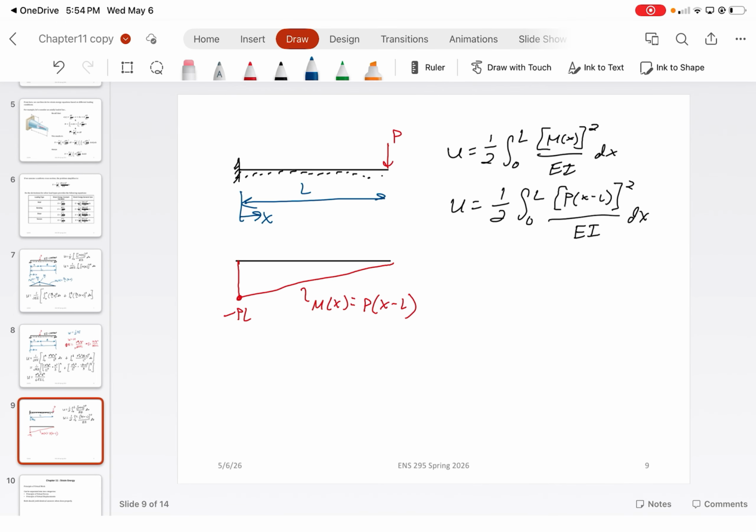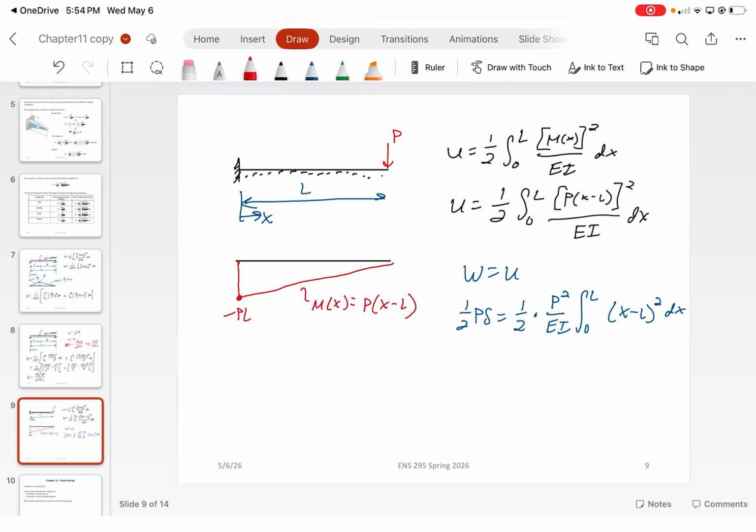Instead of having to calculate what the strain energy is, you can just enforce W equal to U already. So it just removes a step. And what we get is 1/2 P delta is equal to 1/2 times P squared divided by EI times the integral from 0 to L of (x minus L) squared dx.